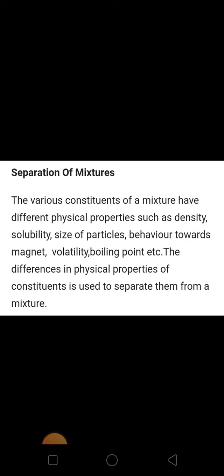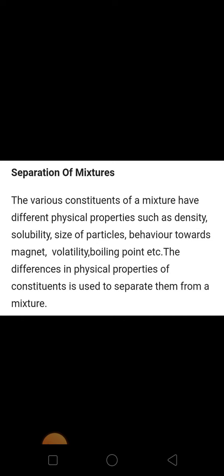The various constituents have different physical properties, for example density, solubility, size of the particles, how they behave towards a magnet, volatility, and boiling points. These physical properties are used to separate them from the mixture.